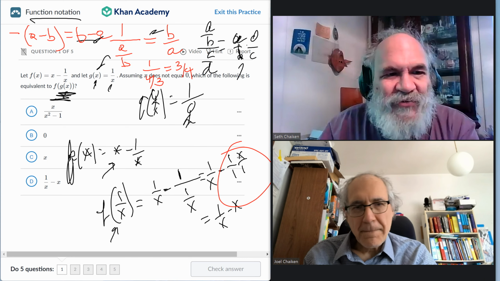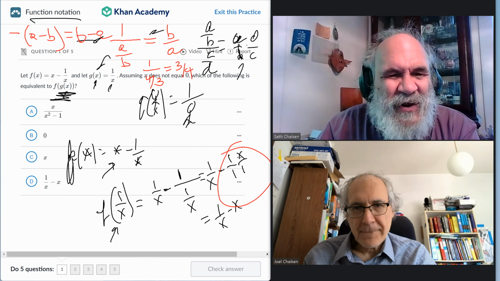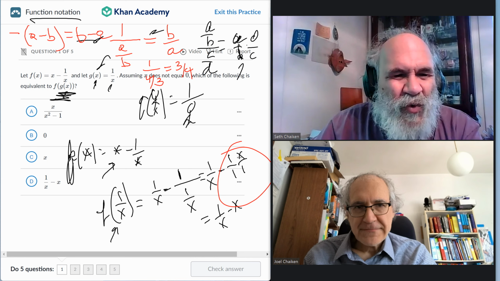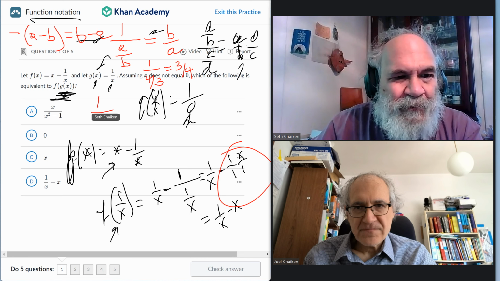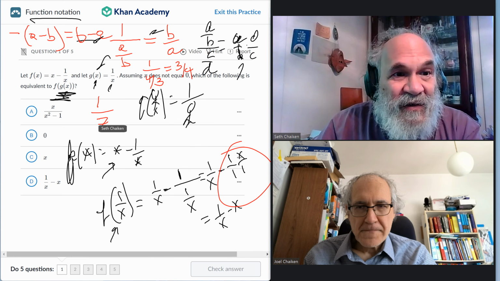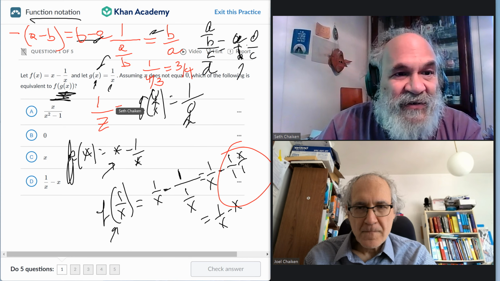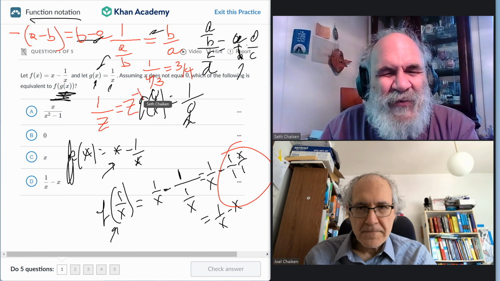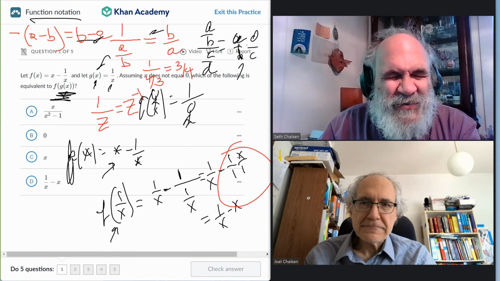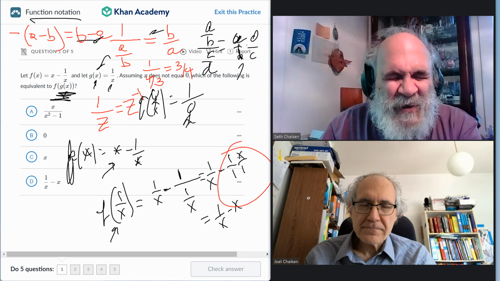Another important thing to know is that 1 over anything, like z, is notationally the same as z to the negative one, which is the multiplicative inverse of z.